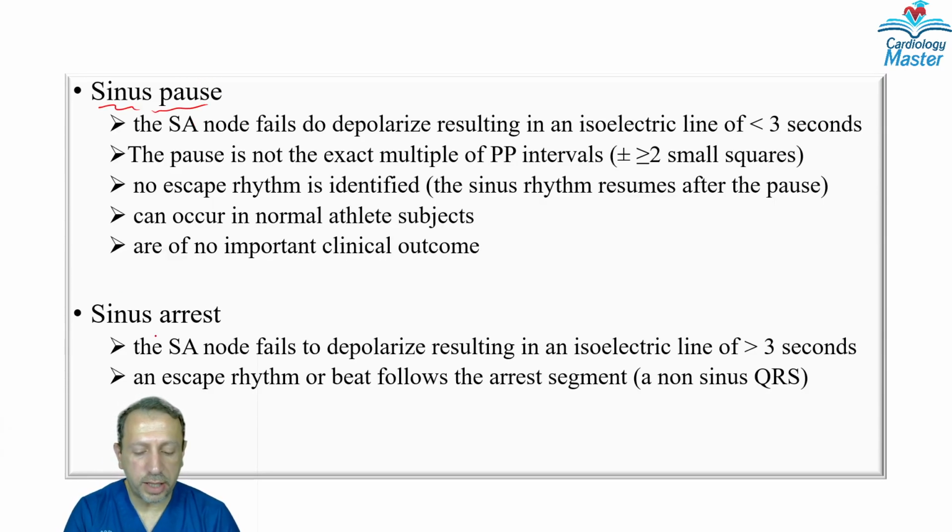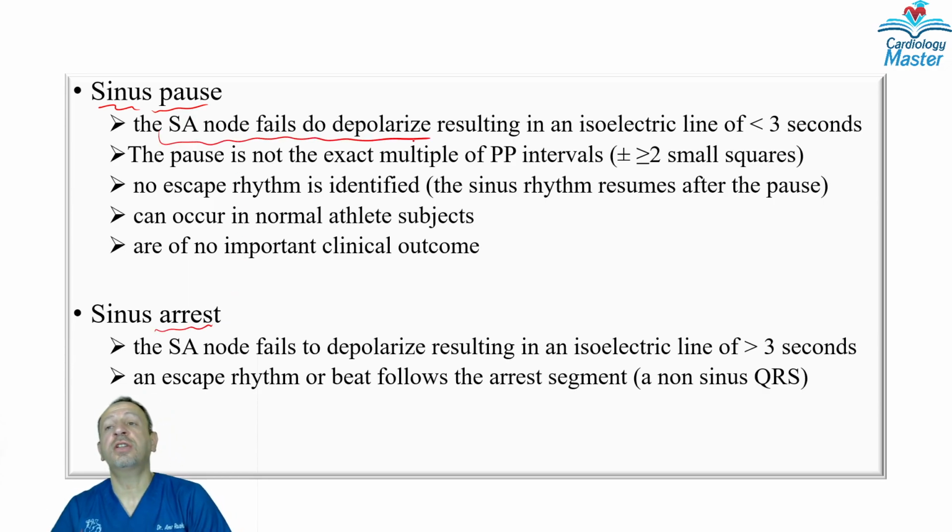In sinus pause and sinus arrest, the SA node fails to generate the impulse, so it fails to depolarize. Both of them fail to depolarize, and they result in a pause. So sinus exit block, sinus pause, and sinus arrest all result in pauses. But the characteristic of that pause is the clue for you to answer your ECG or MCQ question.